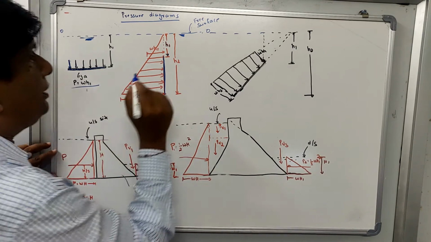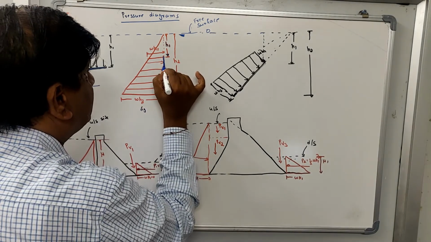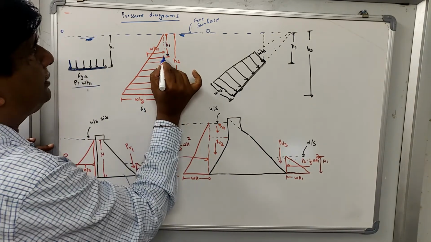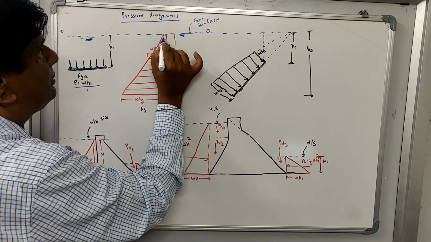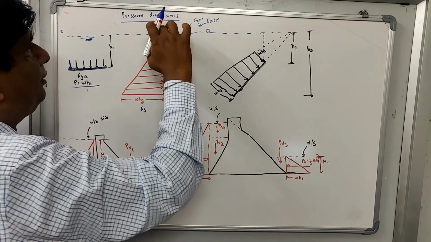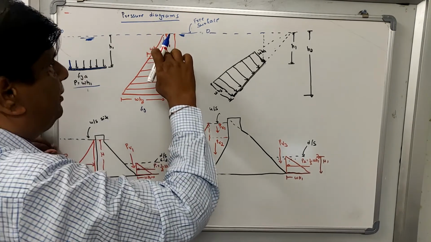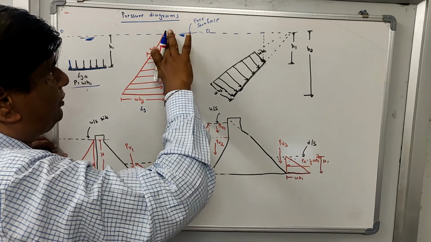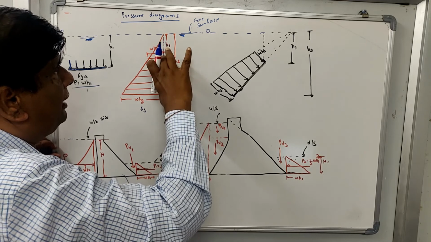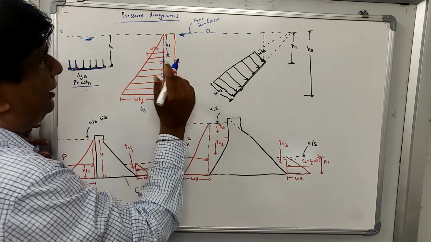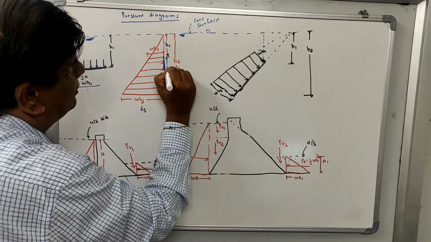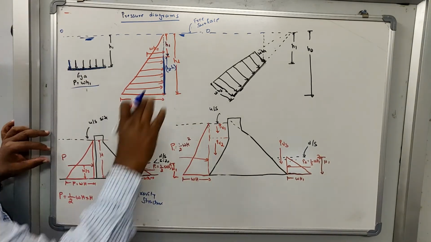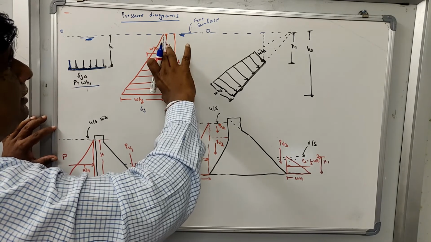Suppose the plate is immersed in the vertical direction. This is the plate. From the free surface, this plate is immersed to a depth of h2, and the height of the plate is h2 minus h1, that is, the total height minus h1.